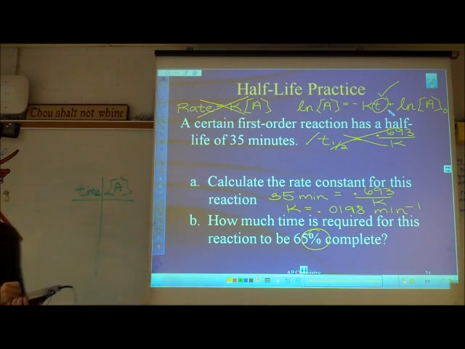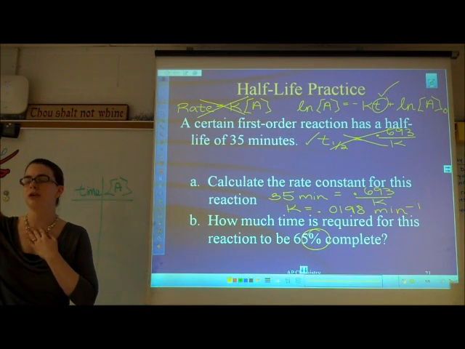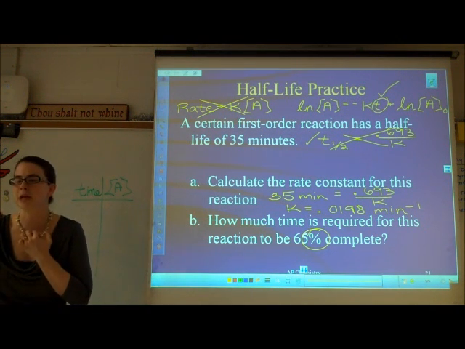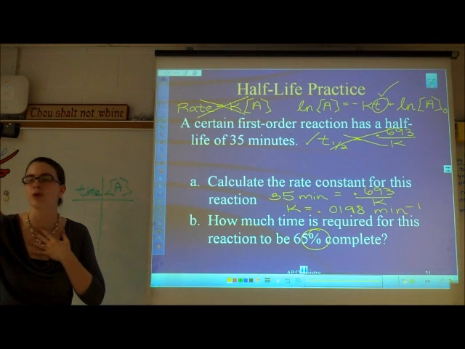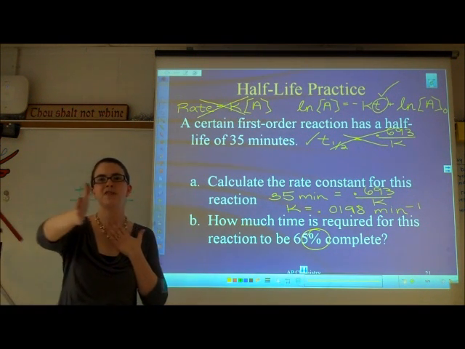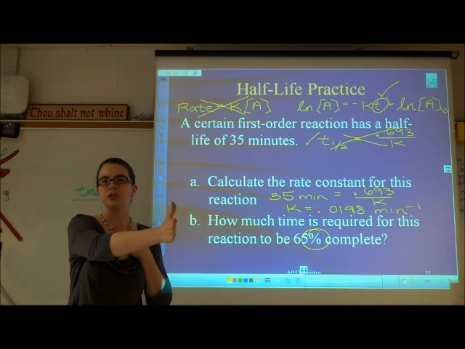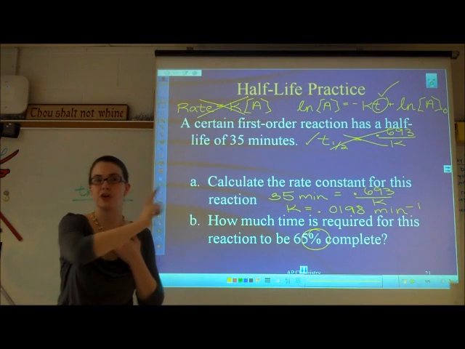How about 100? Okay. Now don't immediately think 65 is what you're going to plug in here. Think about it for a second. If you start with 100, let's call it grams, just to make this a little easier. 100 grams of reactant. The reaction is 65% done. How much reactant do you have left over? 35.